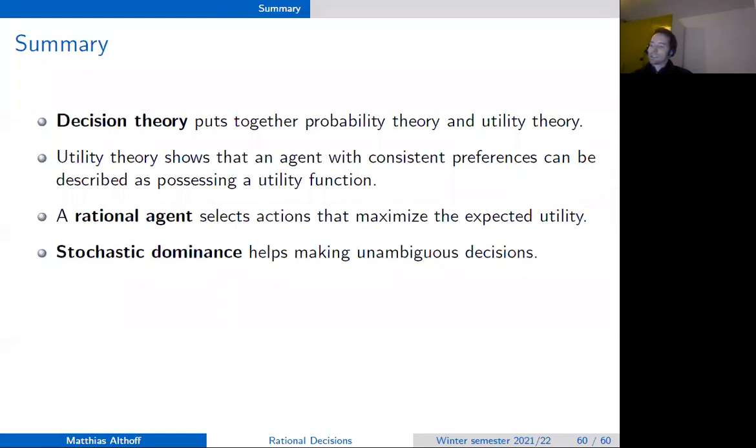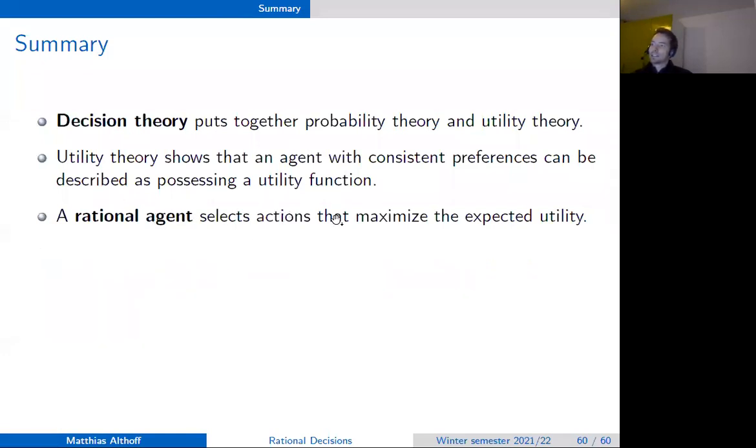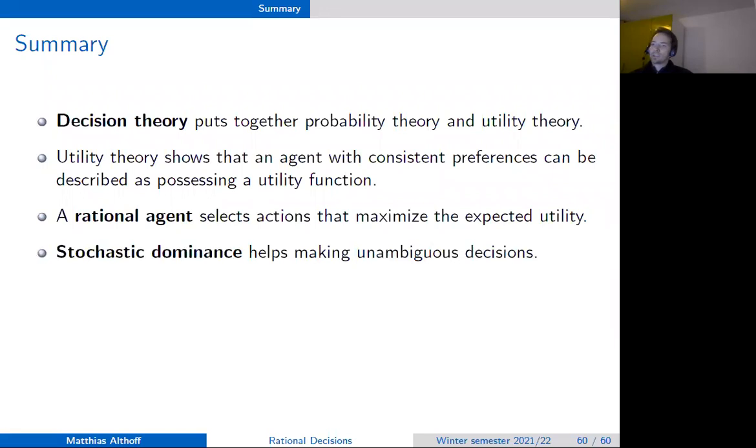Okay, and then of course, a rational agent selects actions that maximize the expected utility. So we've always done this in this lecture. We also looked at stochastic dominance, which is important if you have several attributes, and then you can make a decision on what is better in a stochastic sense.